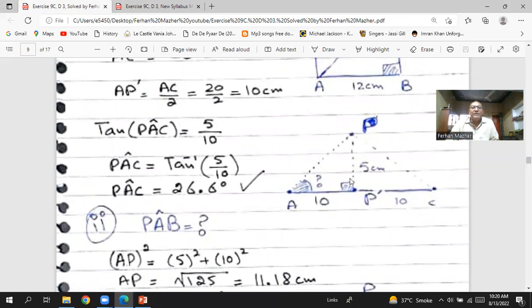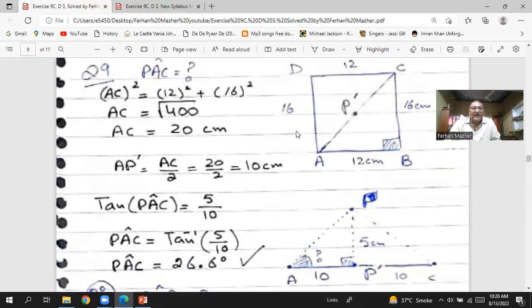I know this height PP prime, that is 5 centimeters. I know the AP prime, that's 10. So I know the perpendicular, I know the base. I want to know this angle. So I can apply tan. So the tan of the PAC will be 5 by 10. So the PAC will be tan inverse of 5 by 10, and that will be 26.6 degrees. So this is how you will do the A part of the question number 9.